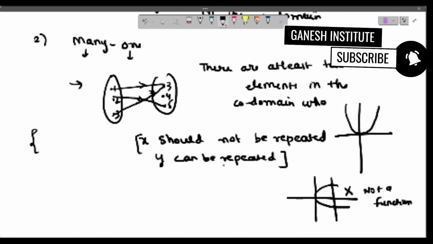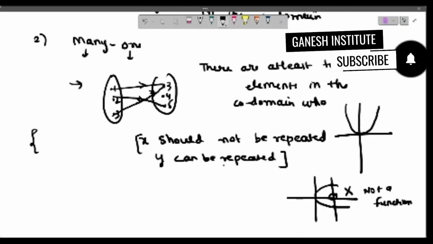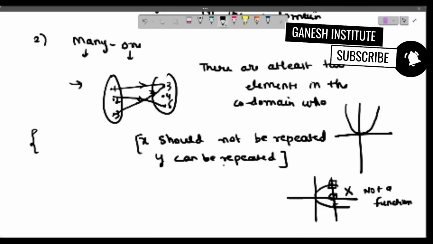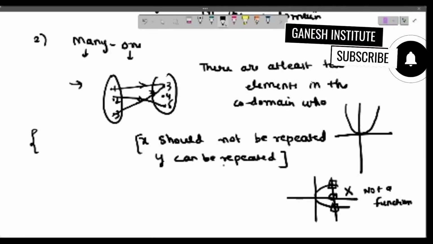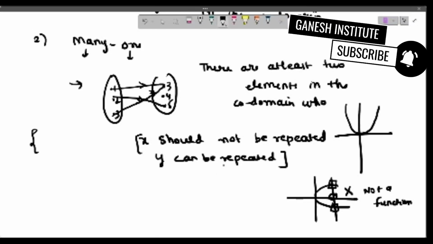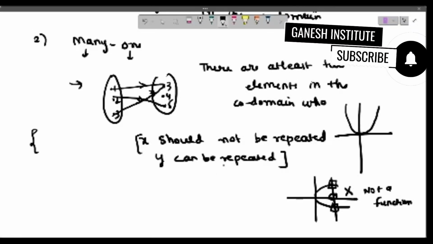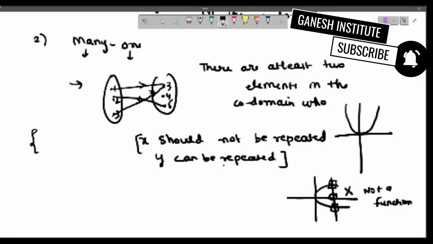But for same x, if you have this, it is not a function, right? x cannot be repeated for different images. y can be repeated for different pre-images. Does this make sense?